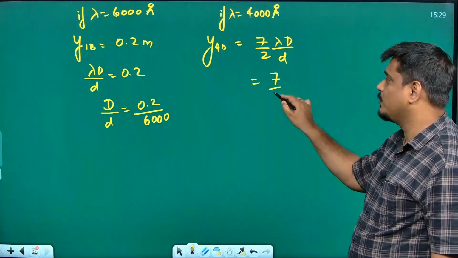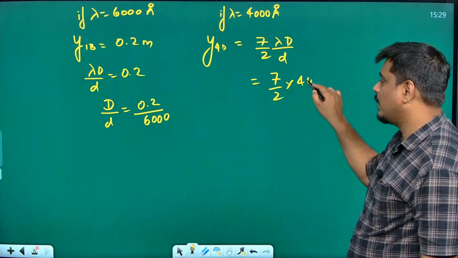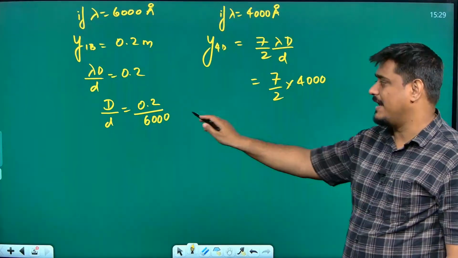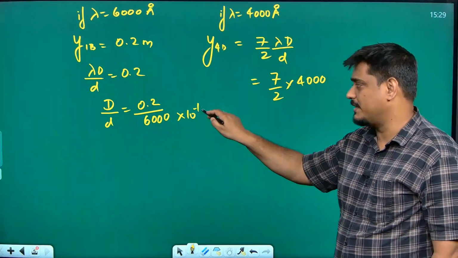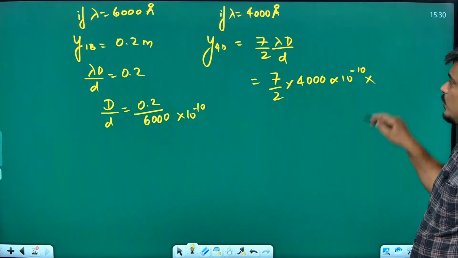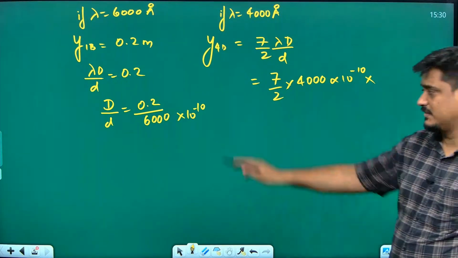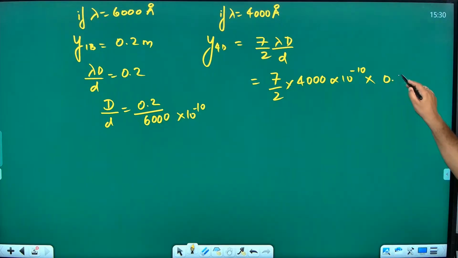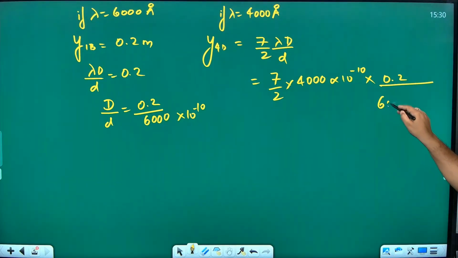So 7 by 2. What is lambda given? 4,000 Angstrom. I should ideally write 10 to the power minus 10 also, to count in meters. So here also 4,000 into 10 to the power minus 10 will come, into capital D by small d, which is 0.2 divided by 6,000 into 10 to the power minus 10.